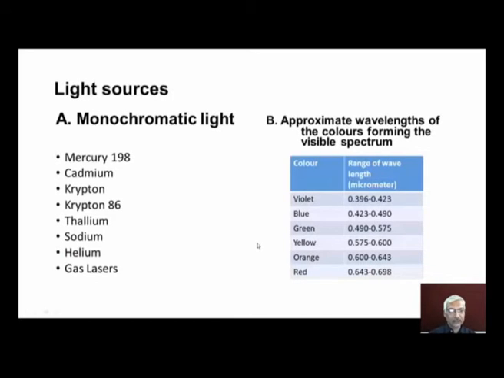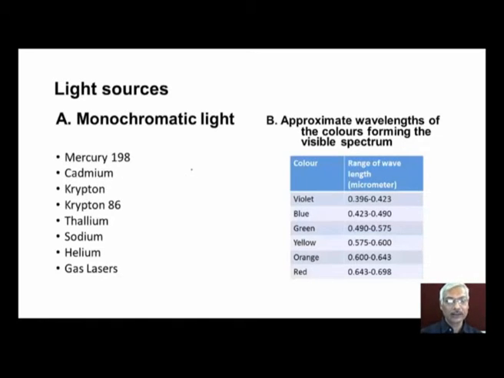Now different light sources are used. See what happens if we use daylight, which consists of the different colors. You can see here each color will have a different or a range of wavelength, so we will not be able to get a very clear fringe.